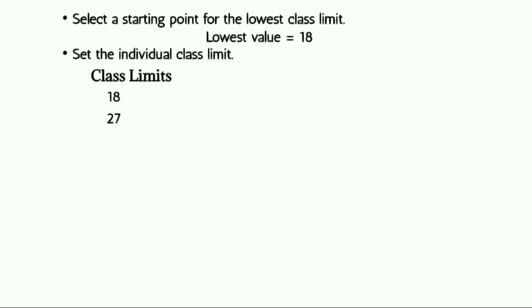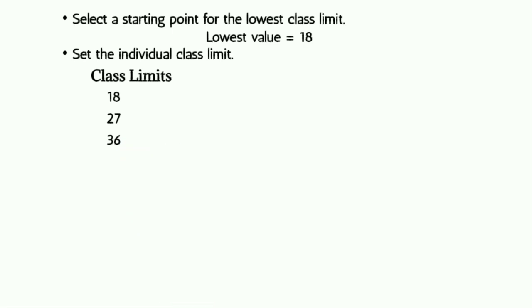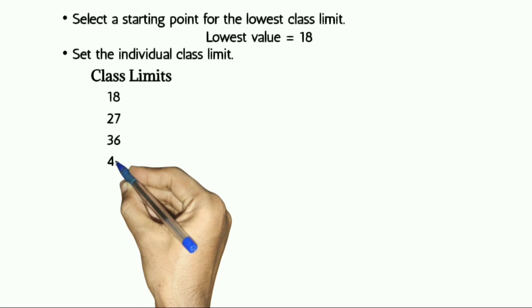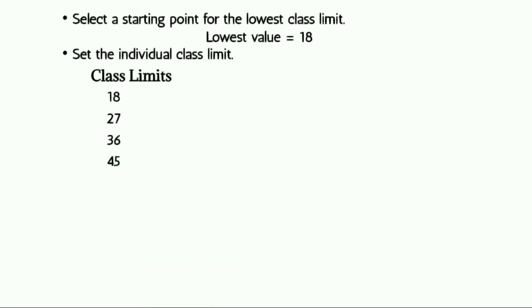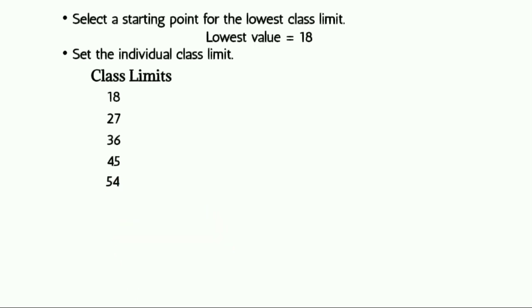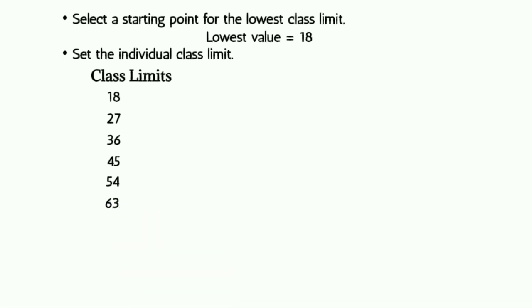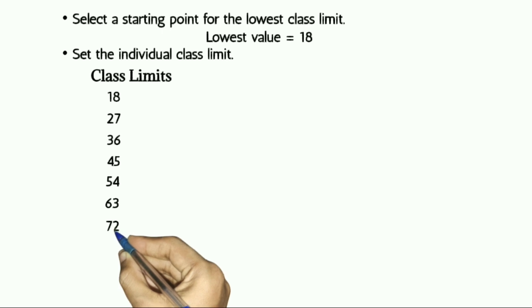Same process sa third row, 27 plus 9, that is equal to 36. Sa fourth row, 36 plus 9, that is equal to 45. Sa fifth row, 45 plus 9, that is equal to 54. Sa sixth row, 54 plus 9, that is equal to 63. And for the seventh row, 63 plus 9 is equal to 72.